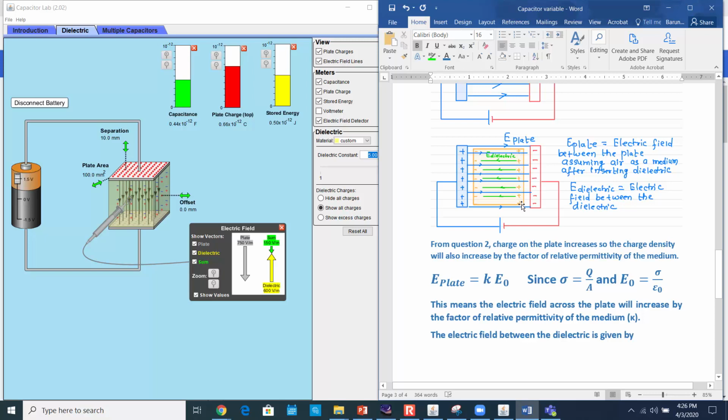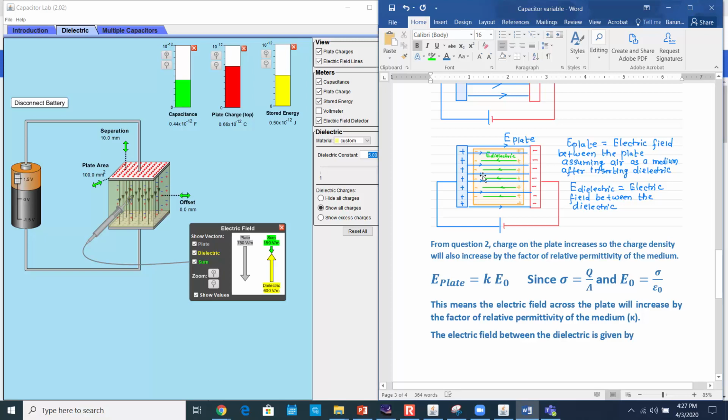The moment you place an insulating material in an electric field, because of the polarization, this side will have the negative charge, because the positive charges will attract the negative charges and the negative charges will attract the positive charges. So within a dielectric, there will be an internal field.